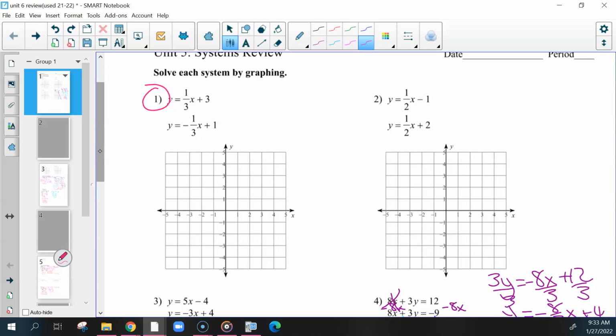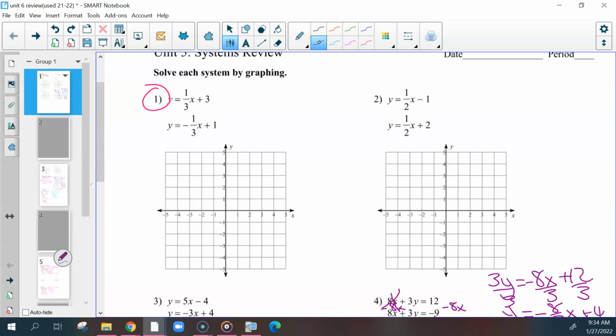For this one, is this going to be no solution? No. Is it going to be infinitely many solutions? No. So we know it's going to be 1. They're going to cross somewhere. We just need to graph them and figure out where that is.